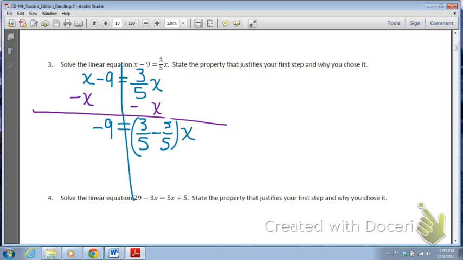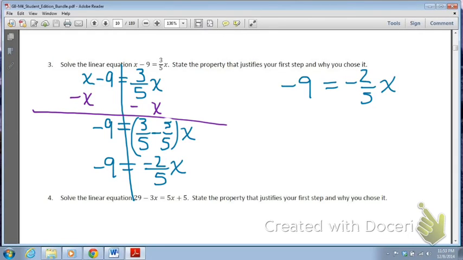So what I'm going to end up with is negative 9 is equal to, well, 3 minus 5 is negative 2, and they're fifths, negative 2/5 x. I'm going to continue up here. Negative 9 is equal to negative 2/5 x.